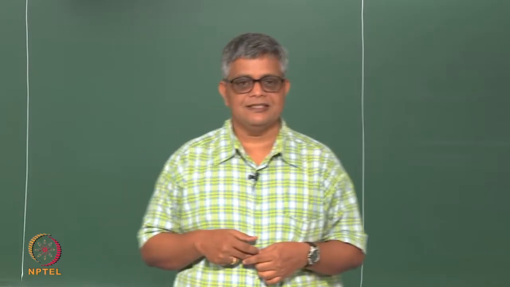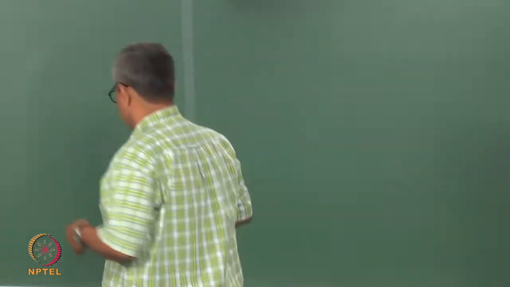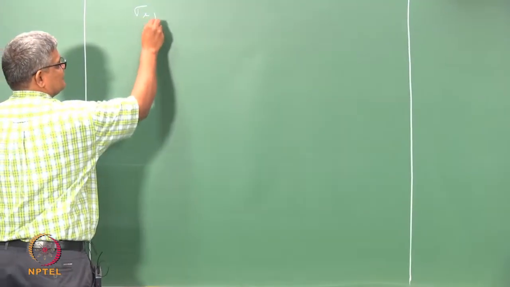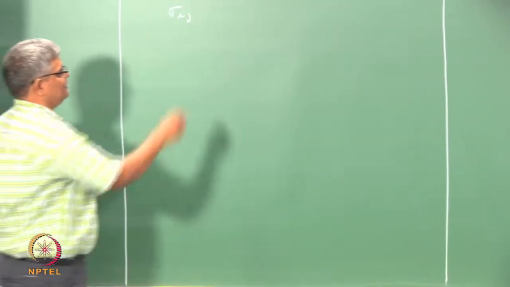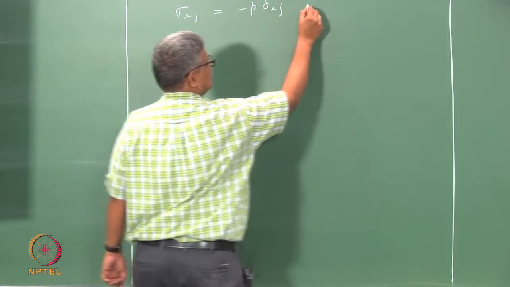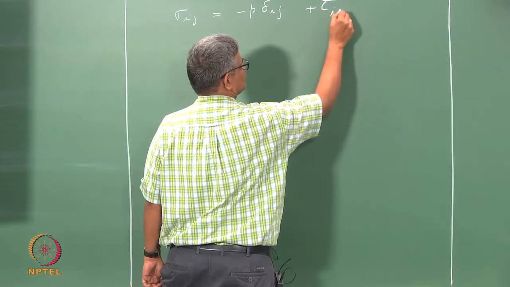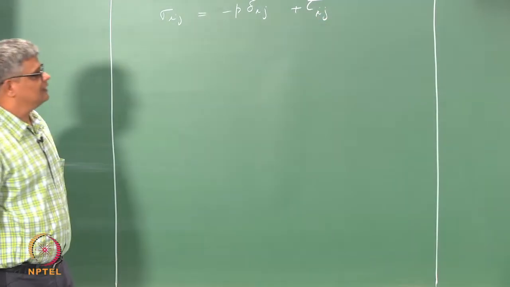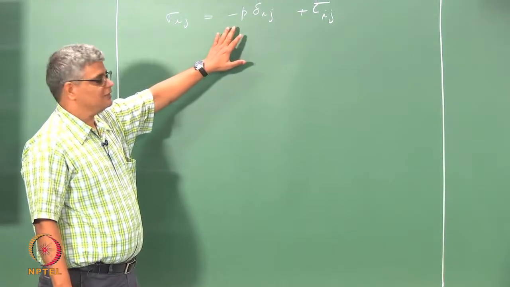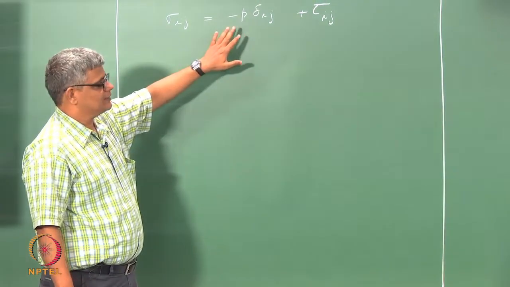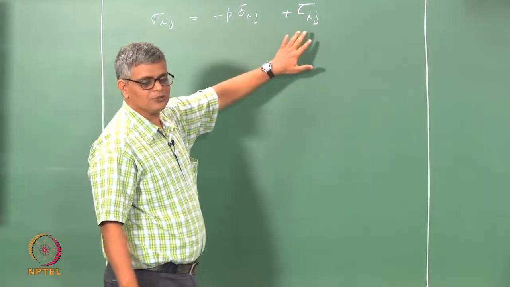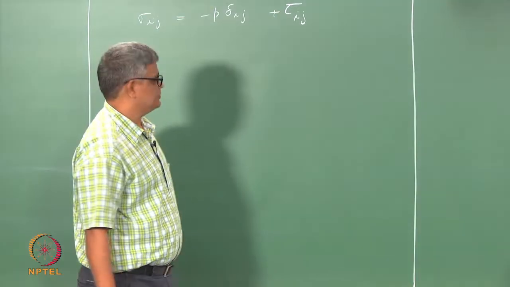So to this extent, in the last class we decomposed the stress tensor into a hydrostatic component and a viscous stress component, which arises only because of relative motion. The hydrostatic component, the pressure, is present even when there is no relative motion, whereas the viscous component is present only when there is relative motion.